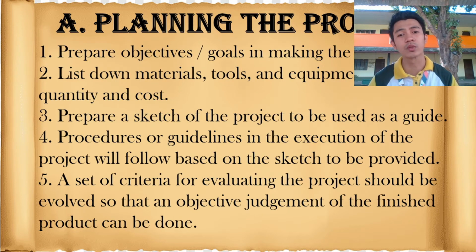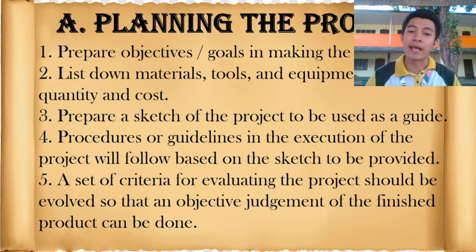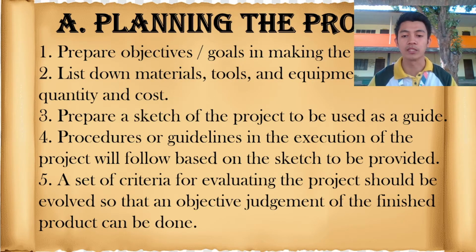We need to list down the tools and materials in order for us to know what tools that we will need, alright, and their quantity and cost, in order for us to know how much money we will spend for the project that we are going to do.